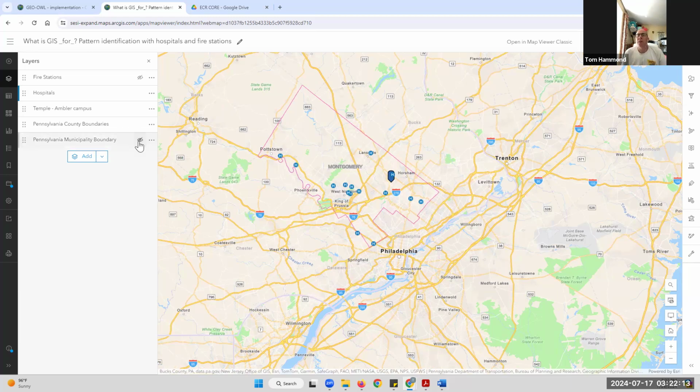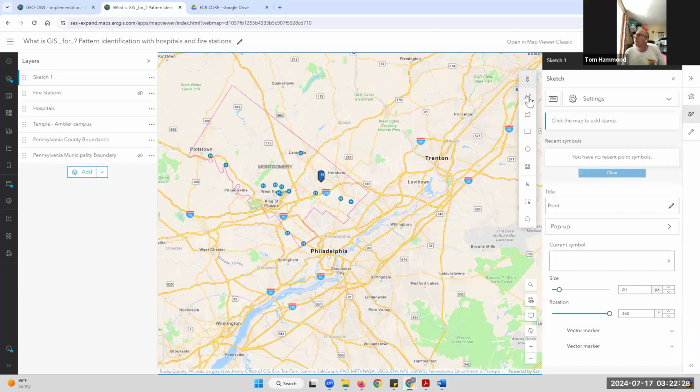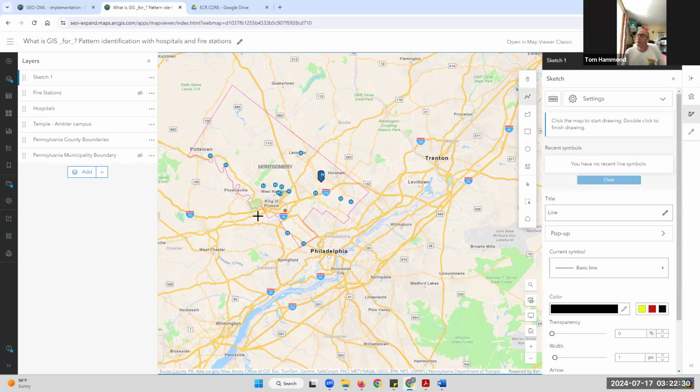And if I want to let myself break down Montgomery County into different segments, let me go ahead and add a sketch. I'm just going to draw a line that sort of bisects Montgomery County into two parts, the southeastern part and the northwestern part.